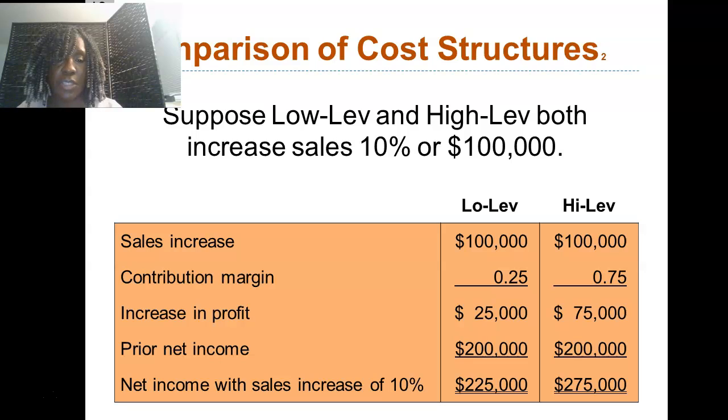Now, again, using high-low would be a good way to get an idea of an organization if they had a certain level of organizational profit margins or contribution margin. What would that look like? You're doing a lot of what-if analysis, because you're trying to think, what if I had my contribution margin at 25%? What if I changed it to 50%? What would our profit look like?